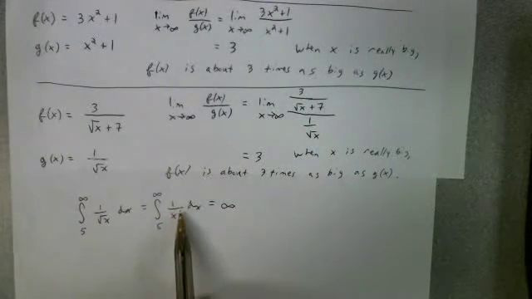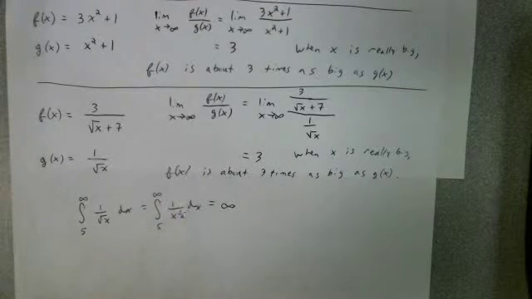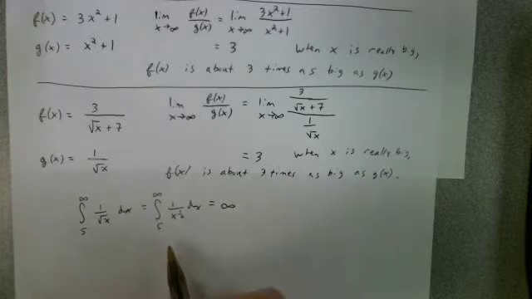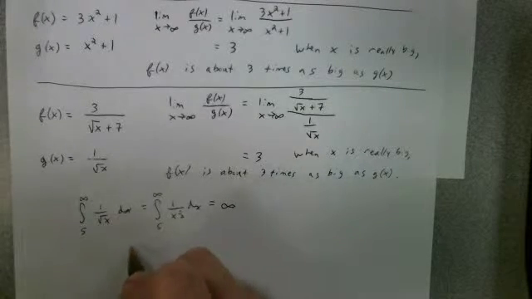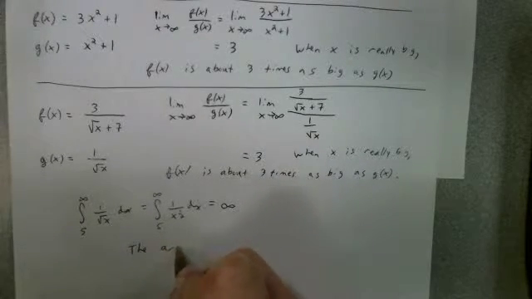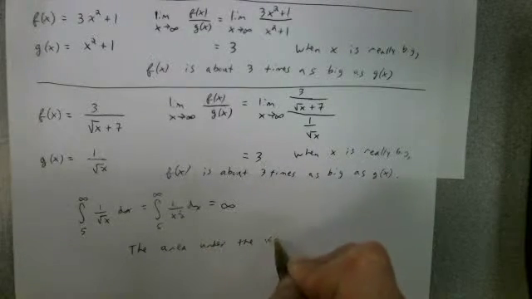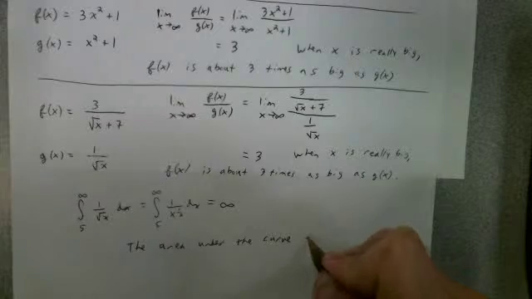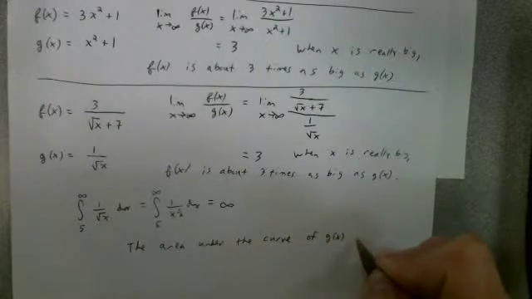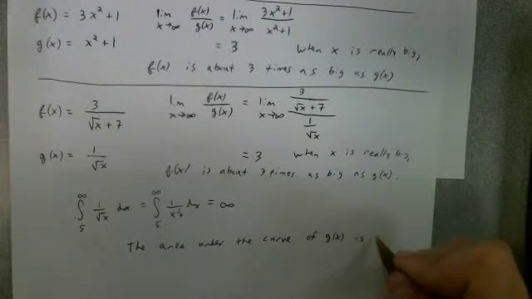So 1 over x to the p, with p less than or equal to 1, gives an infinite amount of area. Okay, so the area under the curve of g of x is infinite.